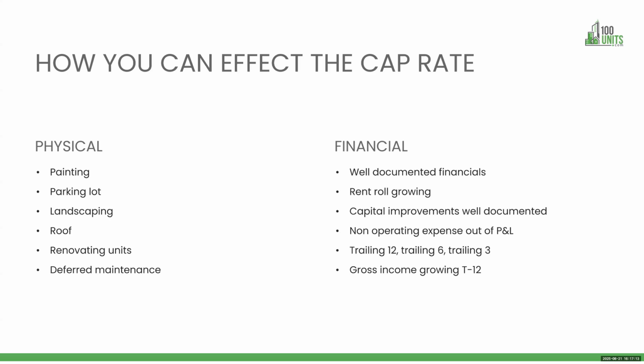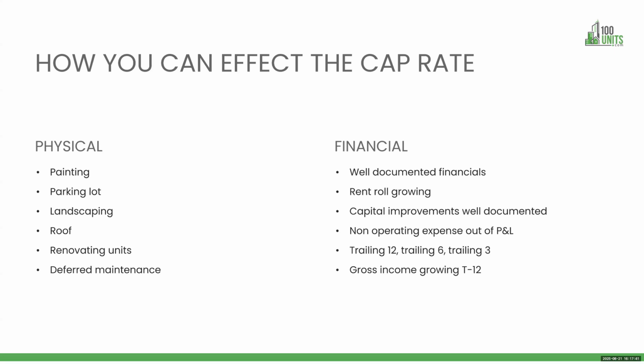Everyone likes graphs that go up and to the right. If you see a rent roll that's going down, that is going to cause a ton of red flags with the lender, because they're going to assume that if it's going down, it's going to continue to go down once the new buyer takes over. If you have a rent roll that's steady or steadily increasing over time, it's way easier to understand, and way more confidence is given to both the lender and the buyer.